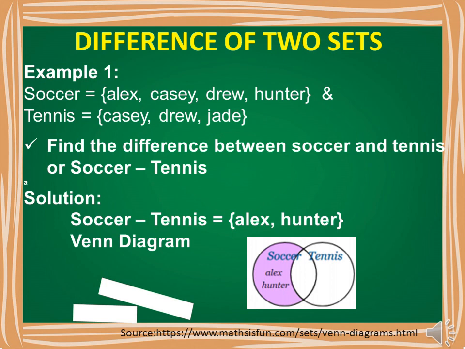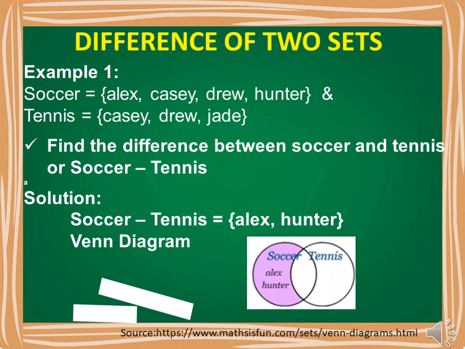Now how did we get this one? So let's compare again the elements of the two sets. Since we are subtracting, we are eliminating what's common between the soccer and tennis. So let's check Cassie. Cassie is an element of soccer, also an element of tennis. So we're going to eliminate this, cancel. So what's left now with the soccer, if Cassie is eliminated, is Alex, Drew, and Hunter.